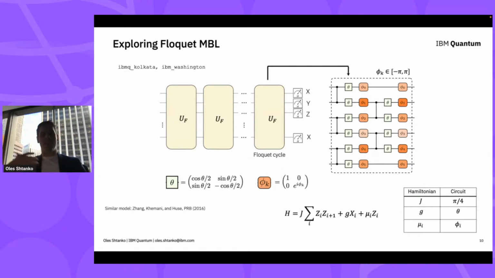However, this would be a little bit expensive in terms of number of gates, so we came up with a slightly different scheme. Instead of this Hamiltonian, we study the circuit you see on the screen, and this circuit qualitatively has a similar structure to the Hamiltonian.